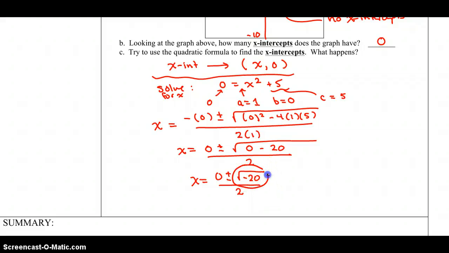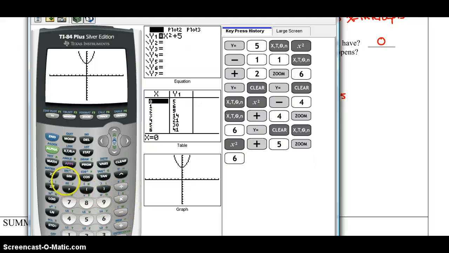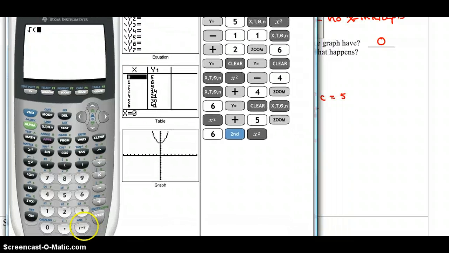Well, this piece, if we try to key punch on the calculator, so square root is the second function to the square key. So square root, and then in there we're going to type negative 20 and hit enter.